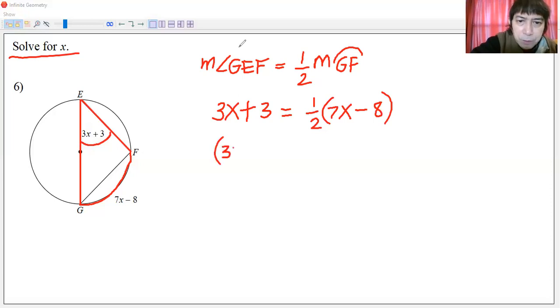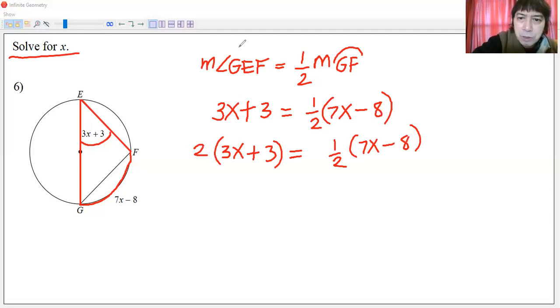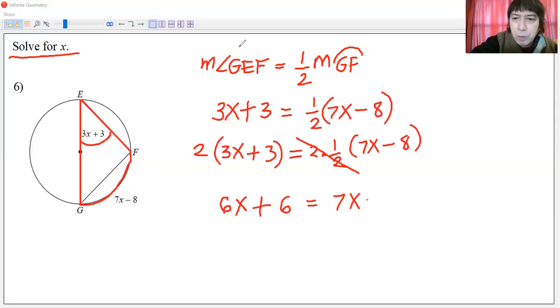We have 3x plus 3, this is 1/2 of 7x minus 8. Let's get rid of that 1/2. Times 2 here, times 2 here, and the 2 cancels out. We now have 6x plus 6 is equal to 7x minus 8.